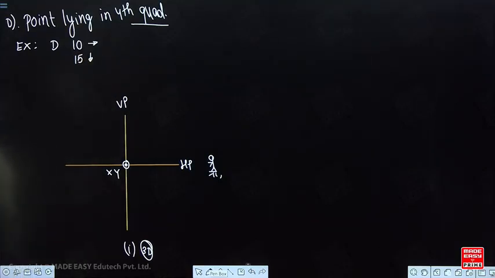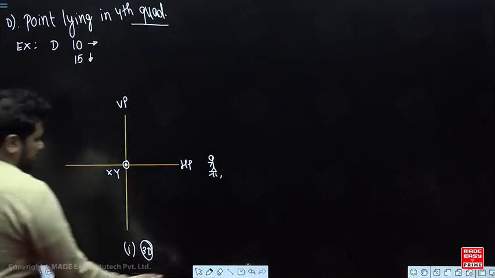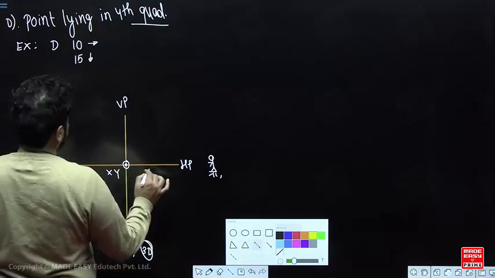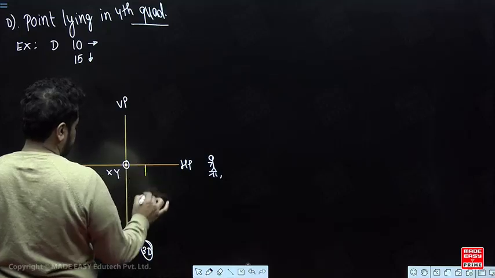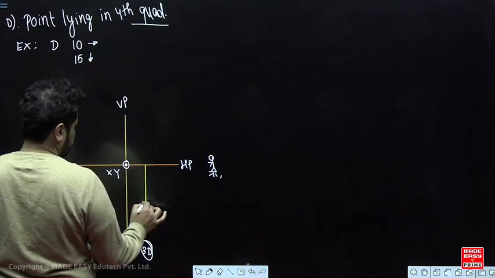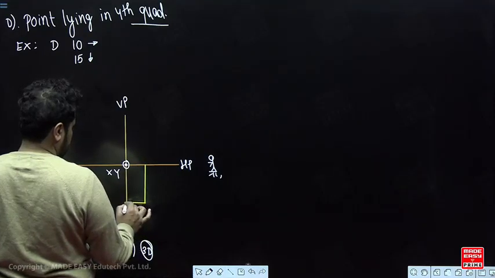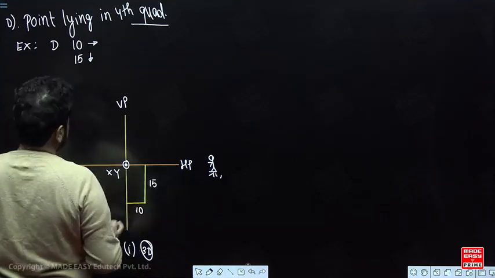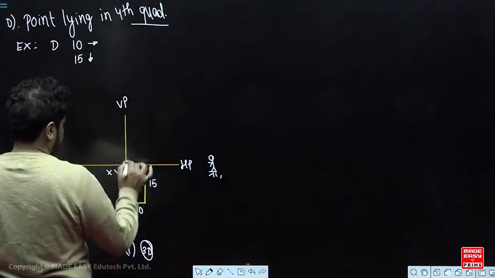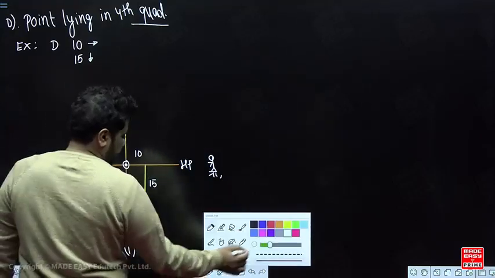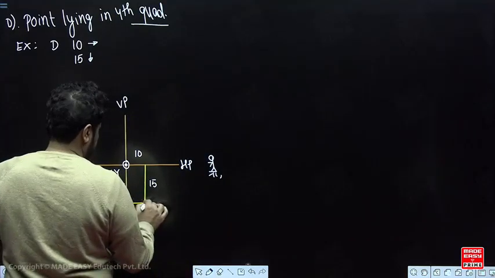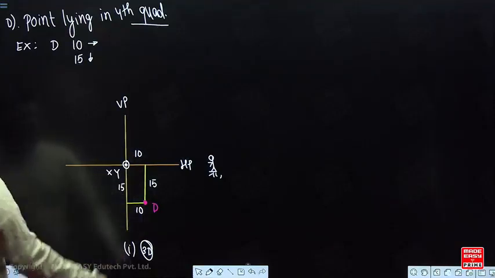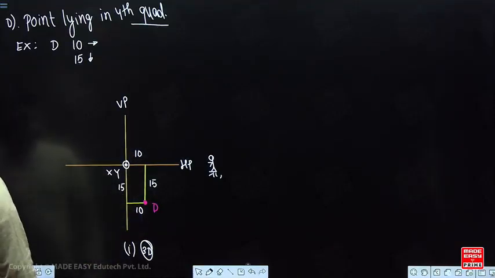So 10 mm in front of VP, 15 mm below HP. Okay, let us make this. 10 mm in front and 15 mm below. Where is the point? D is here. So 10 mm in front of VP and 15 mm below HP, correct.